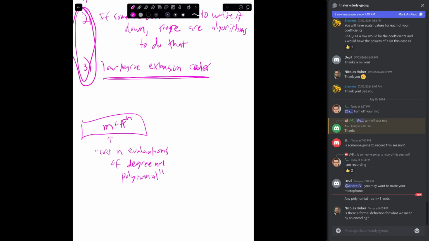And then the encoding of M would be evaluations of the same polynomial over a bigger set.